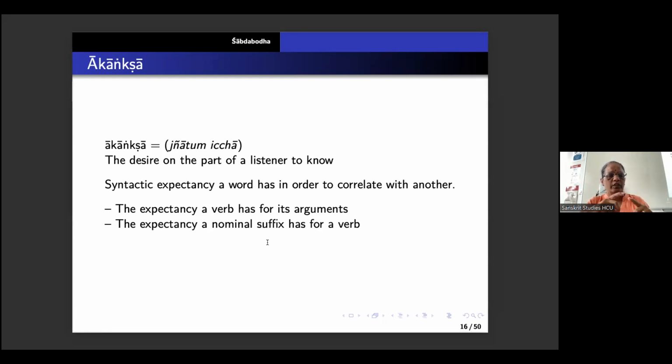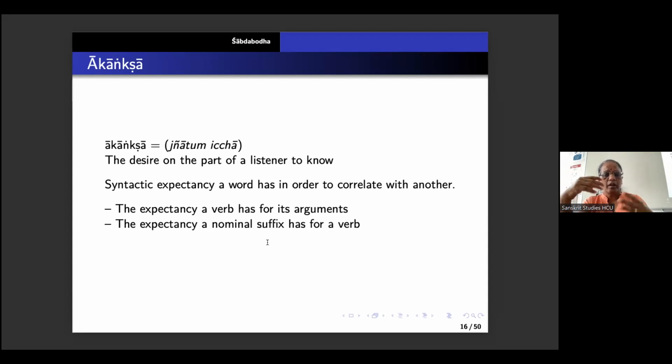What we are talking about is when you have a sentence bring a cow, then the person, after listening to the word bring, will have an expectancy in his mind: what needs to be brought? So the expectancy related to the arguments of the verb.